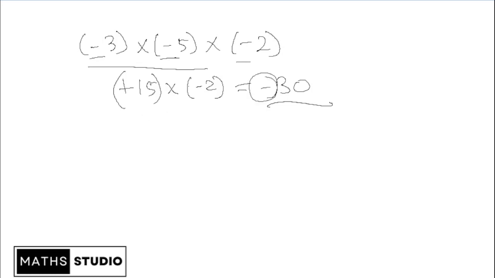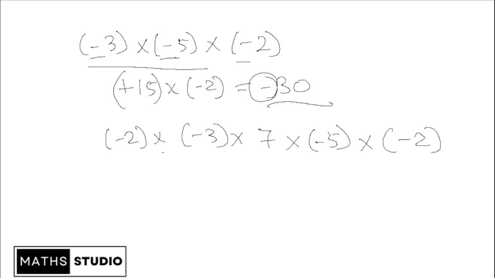And if there are even number of minus signs, for example minus 2 into minus 3 into 7 into minus 5 into minus 2, in this case 1, 2, 3, 4. So this is even number of minus signs.